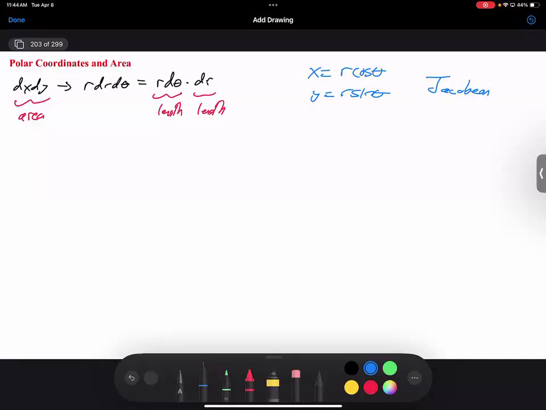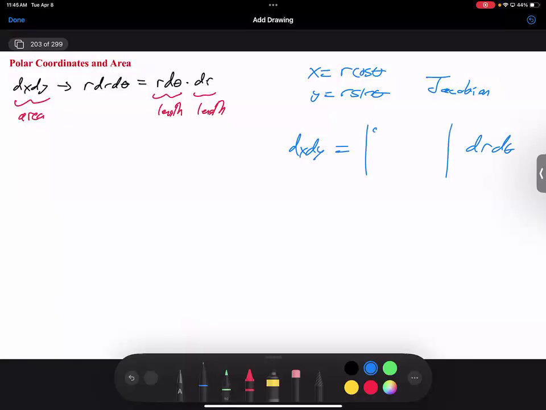I always forget if it's with an E or an I. And you look at the different partials. Okay. Well, it's probably with an E that's killing people. And so you form this matrix of partial derivatives. Right? So dx dy is going to be the Jacobian dr d theta.